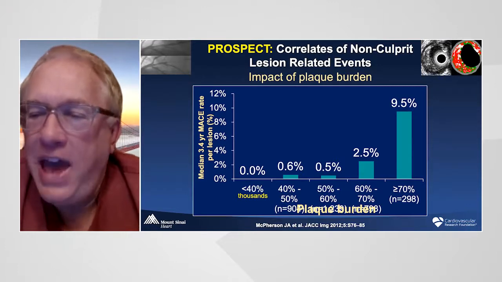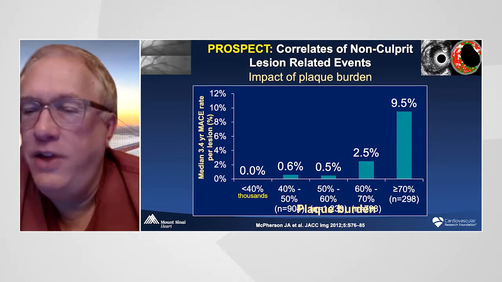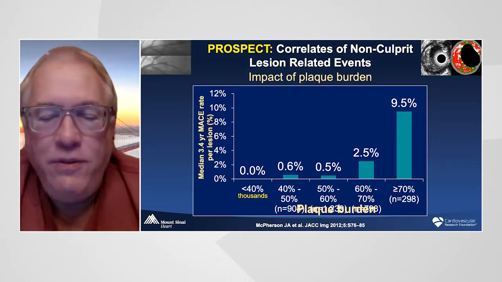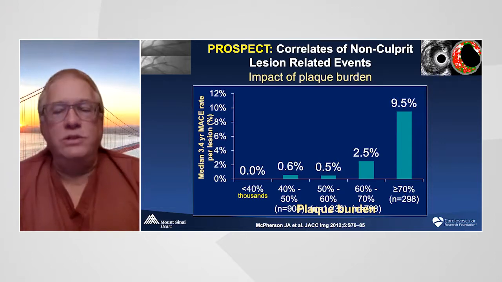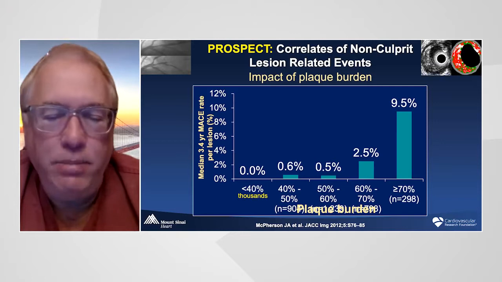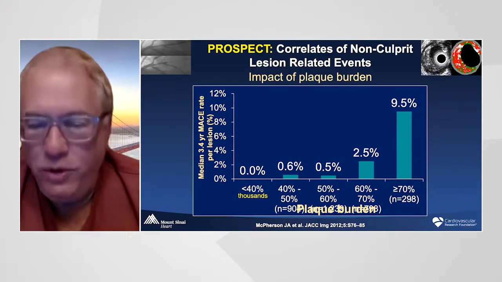So plaques have to have substantial plaque burden if they are going to cause an event within a 3 or 4 year time horizon. In fact, we had thousands and thousands of plaques, too many to even count, that had less than 40% plaque burden, and not a single one of them caused an event within a 3.4 year period.